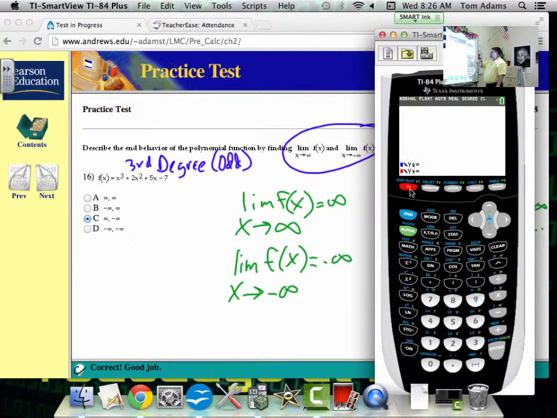And let me make sure I turn my stat plot off. Alright, now we'll graph it. Oh, I gotta zoom out a little bit. Let's hit the zoom on that bad boy. Standard. Alright.